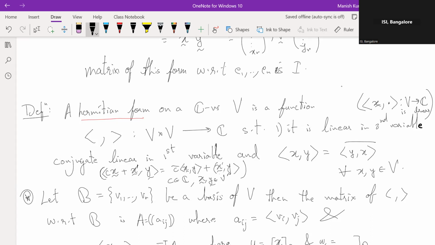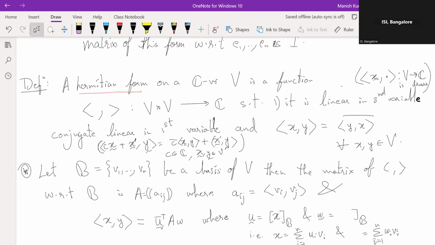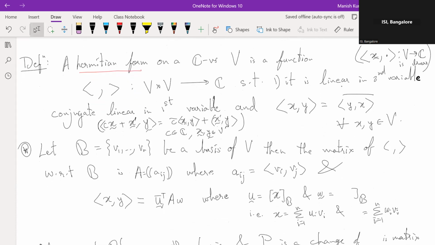And now if you are given a basis B equals b_1 to b_n of V, then the matrix of this Hermitian form with respect to B is the matrix A_ij, where A_ij is the evaluation of b_i with b_j. If you evaluate this Hermitian form at b_i comma b_j, you get a complex number, and that complex number is A_ij.